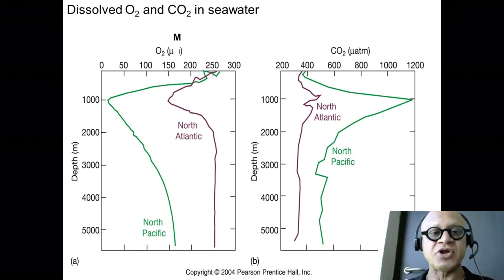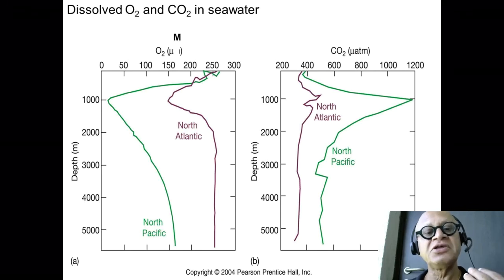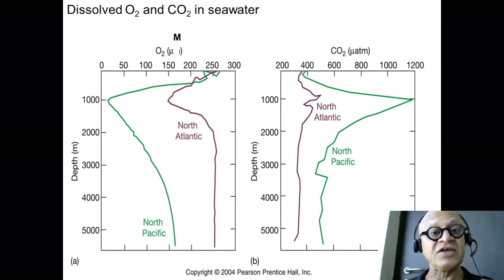That increases the pressure, and we will see later on that the North Pacific has an increasing concentration of oxygen with depth, whereas the North Atlantic has generally higher oxygen and then nearly constant with depth, much higher than the North Pacific. We'll see why these differences arise, but just remember that there is something called the oxygen minimum zone, generally referred to as OMZ, at about 1 kilometer because of this heterotrophic respiration.